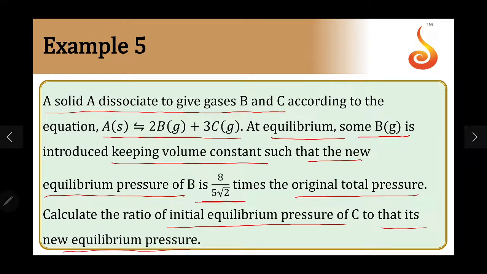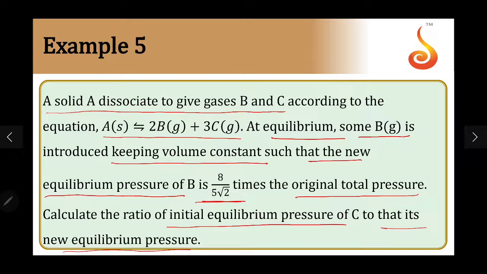Okay, I'll read the question again. A solid A dissociates into two gases B and C in the ratio given in the equation. A gives rise to 2B plus 3C. So it has already attained equilibrium. At equilibrium, we are adding some amount of B and keeping the volume constant, so that the equilibrium pressure of B becomes 8 by 5 root 2 times its original total pressure.